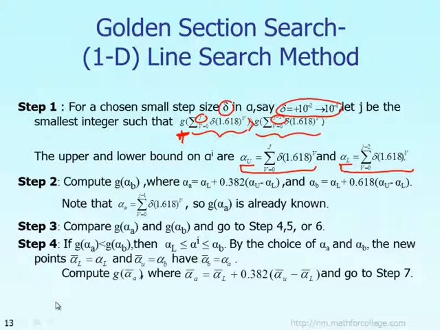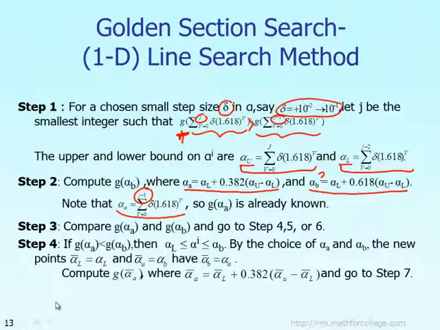So for example, you will compute alpha A based on this formula that we already developed, and alpha B equal to this formula that we developed. However, alpha A is already known because it is based on that location. So that means you only have to calculate one new interior point, which is alpha B.